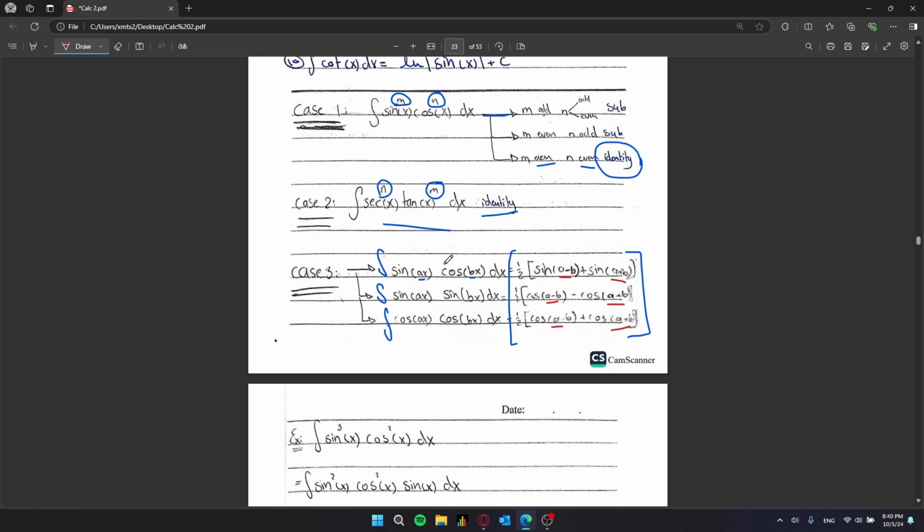With plus, minus, plus, you can just memorize it as alternating signs. And then obviously the whole thing is multiplied by half.